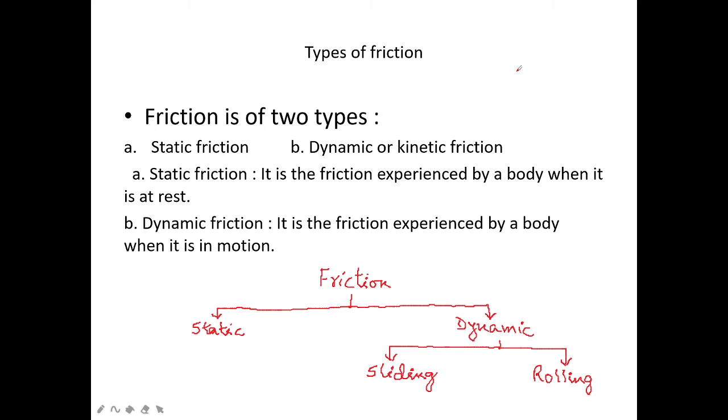Suppose the body is at rest on this floor, and you are applying a force P. The friction which acts on the body till the time at which the body is just at the point of movement, that amount of friction up to which the body is at rest is known as static friction.